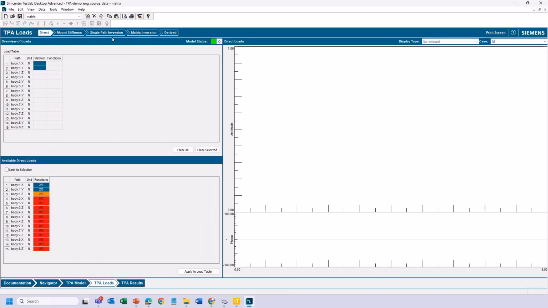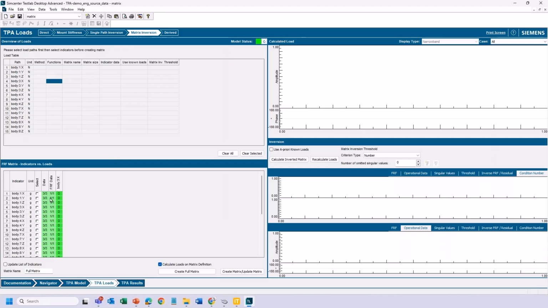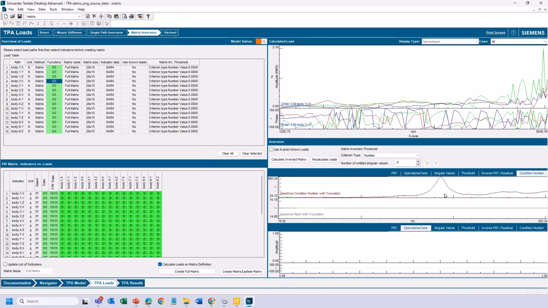And then which method would we pick here in TPA loads? Matrix inversion. Yeah, it's time for matrix inversion. Notice it's green and we can say, hey, let's create a full matrix inversion. Goes out and calculates it. This condition number you want as low as possible, at least under 1,000.